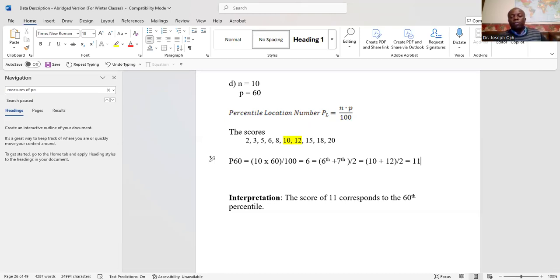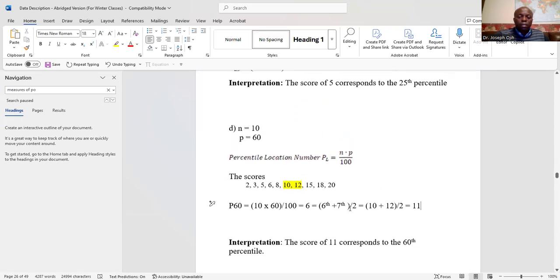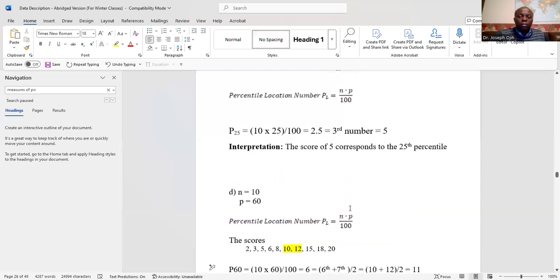So that means the score of 11, even though nobody scored it, corresponds to the 60th percentile. Any question, guys?